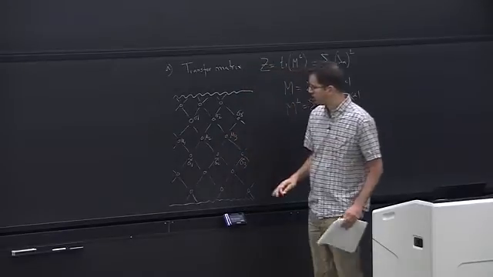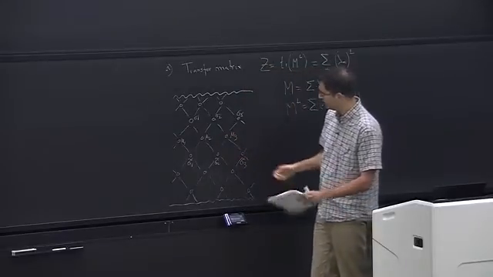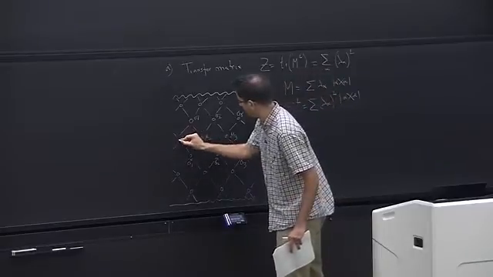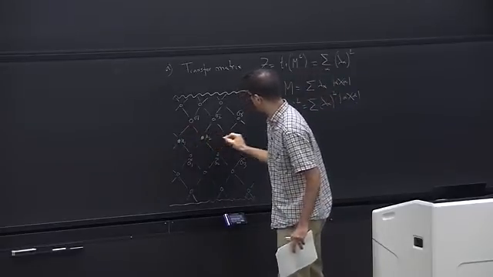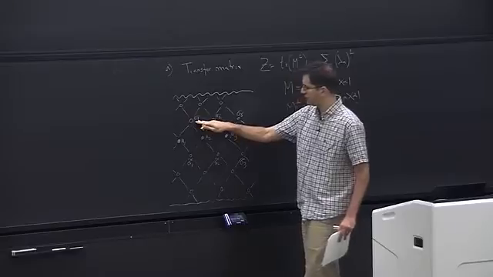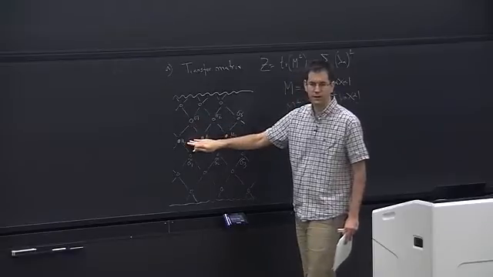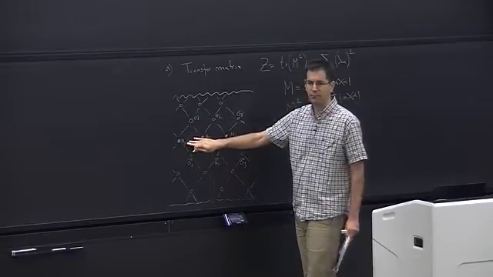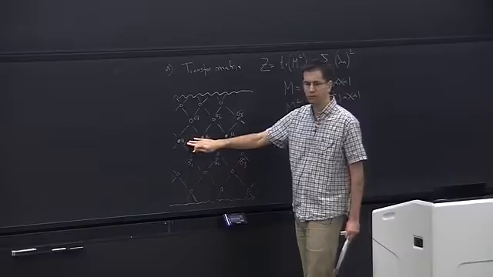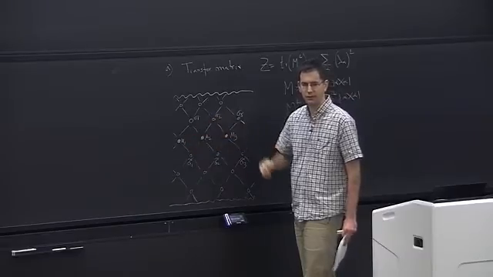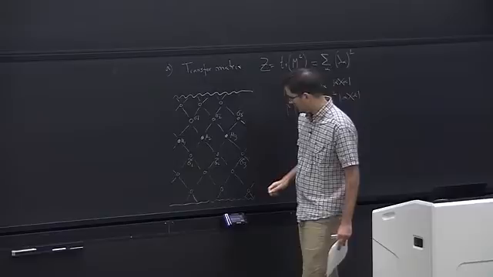So I've so far decided to single out some of the spins. I use notation sigma for some of them, mu for the others. These are just variables that take two possible values, plus or minus 1.